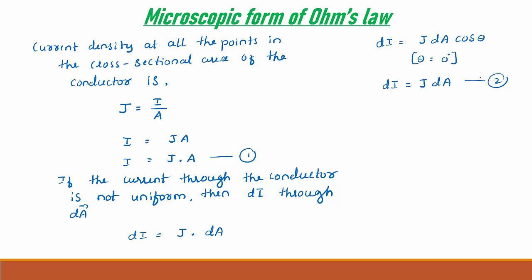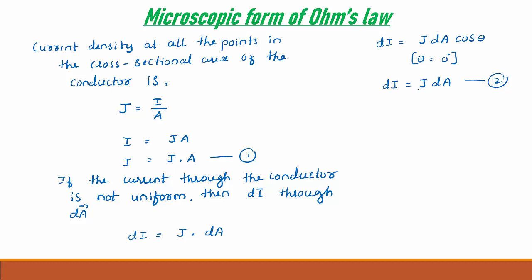Now we want the total current through the entire cross-sectional area. Here we considered only a small area, but from equation 2 we can easily find the total current. How to find it? We can use integration.